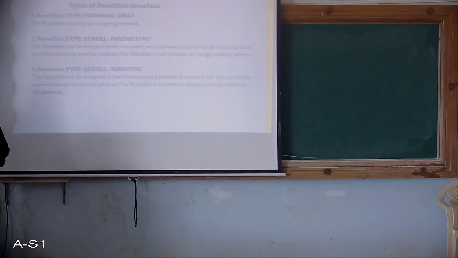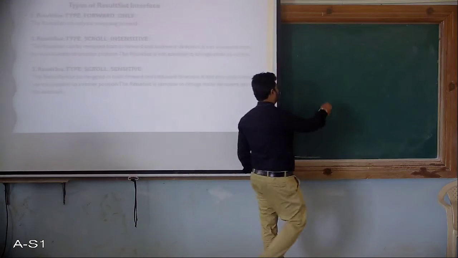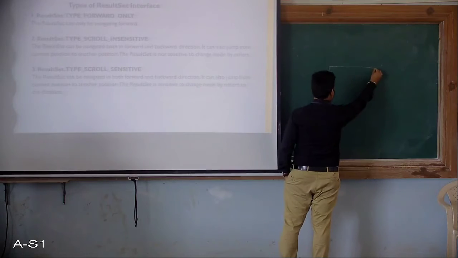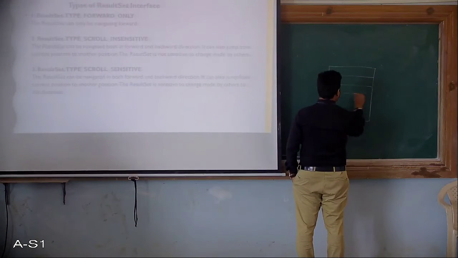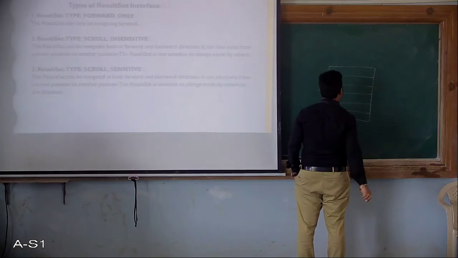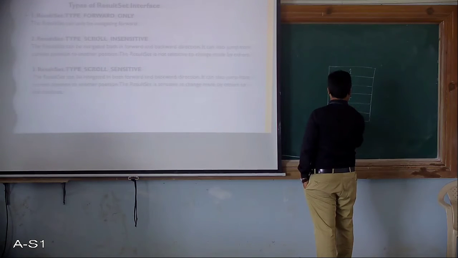These are the basic types of the result set interface. The first one is ResultSet.TYPE_FORWARD_ONLY. Just now we discussed that a result set is a table which contains the results of the SQL statements. Let us say this is row 1, row 2, row 3, 4 and 5; just for example I have taken rows 5 and 6.